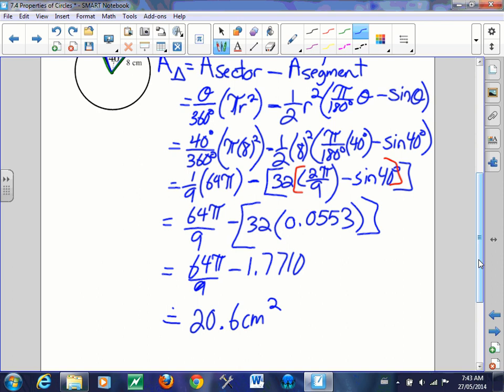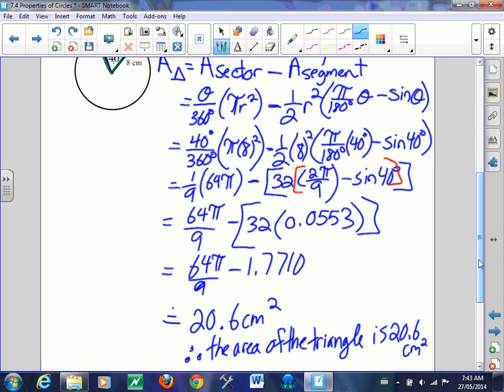So therefore, area of triangle is 20.6 centimeters squared. Don't forget your units.